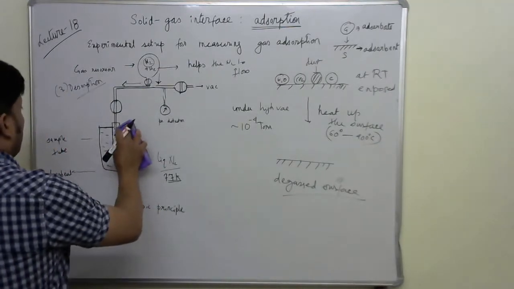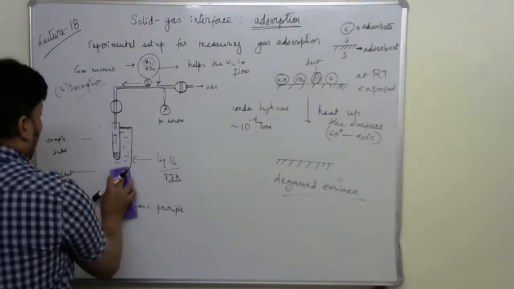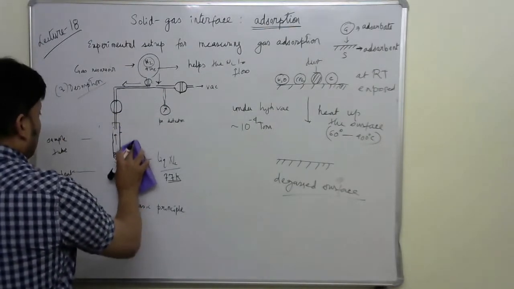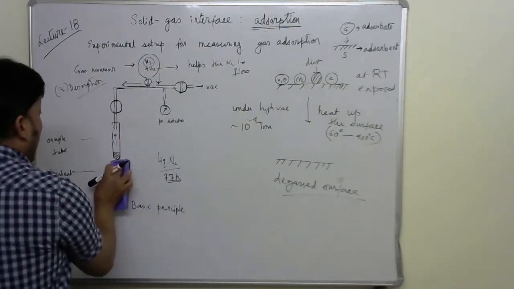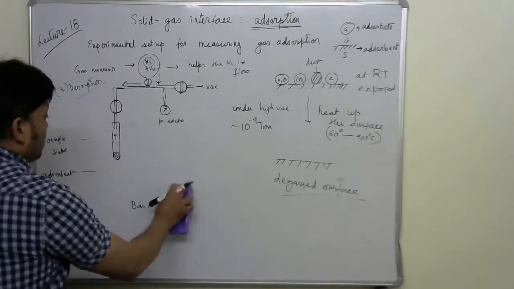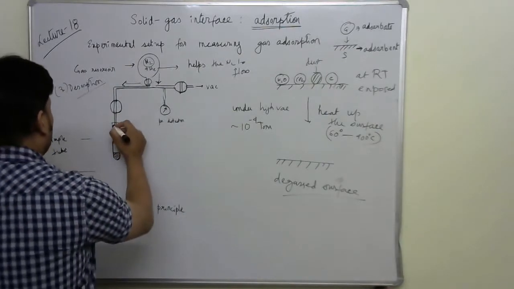So what we do in the desorption process is take away the liquid nitrogen, obviously, because the desorption process has to be done at a higher temperature, not at the liquid nitrogen temperature.